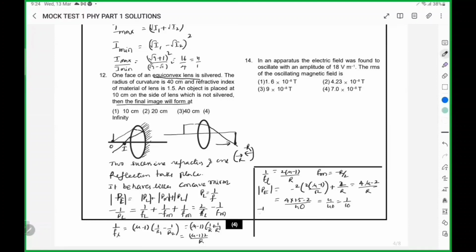Power here is negative, so this behaves like a mirror. So the focal length is minus 10. Finally, we should not use the lens formula, we should use the mirror formula, because after silvering it behaves like a mirror. The object is placed here, so 1 by v is 0. The image is formed at infinity.